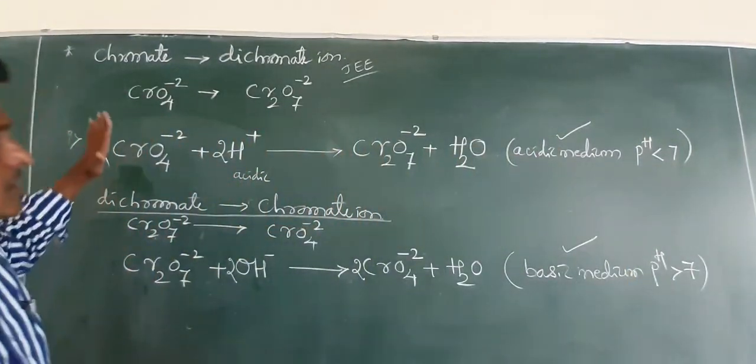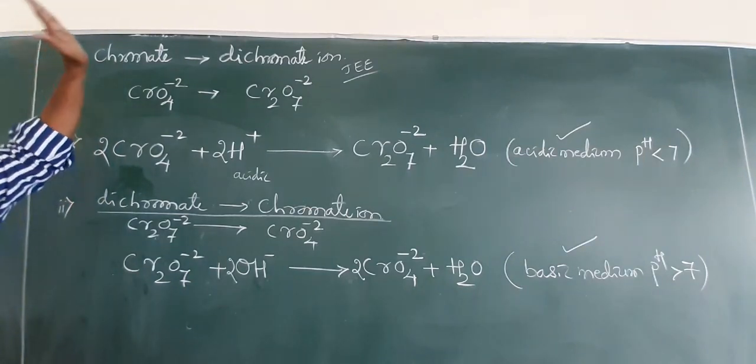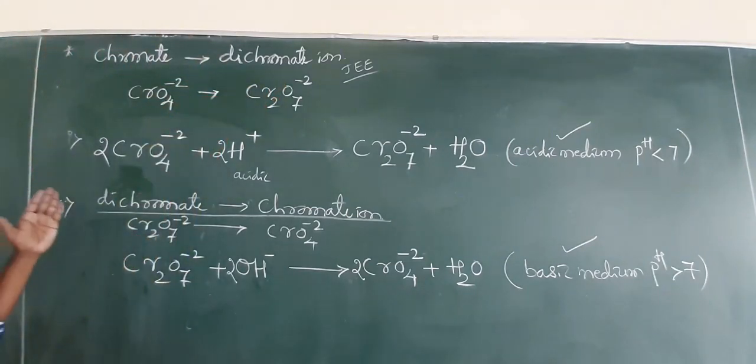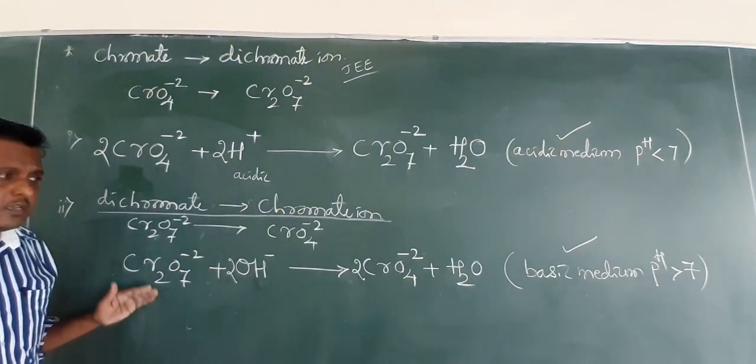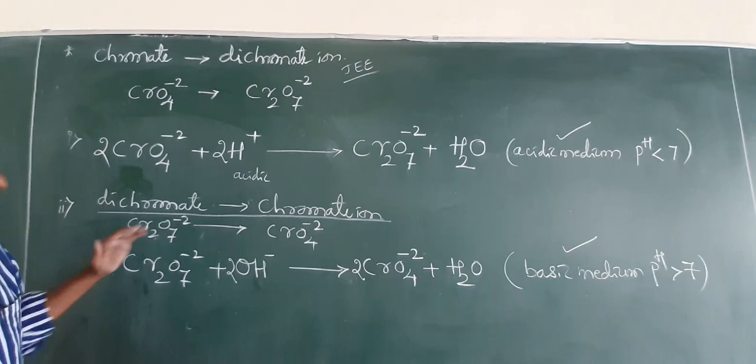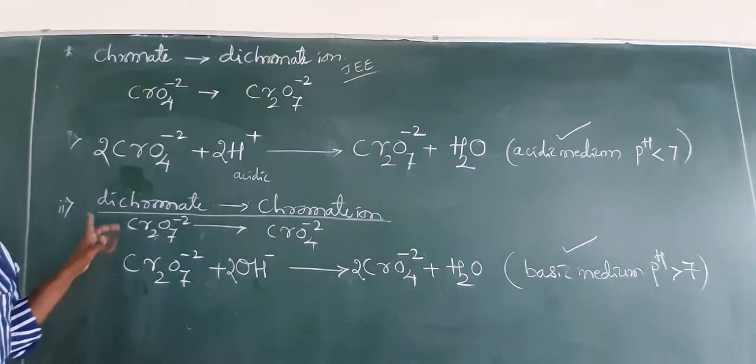This is the simple chemical behavior. Next we continue with the oxidation property of dichromates.